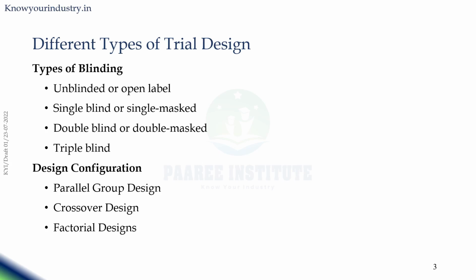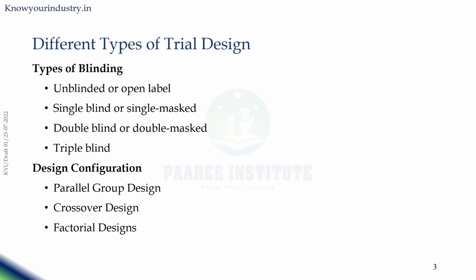Now, we are going to see the different types of trial designs. First, about the blinding. There are unblinded studies or open label studies where the participants, the clinicians and all study stakeholders know which treatment goes to which patient. And then the single blind or single mask study where the investigator or the patient will be blinded and they don't know which treatment goes to whom.